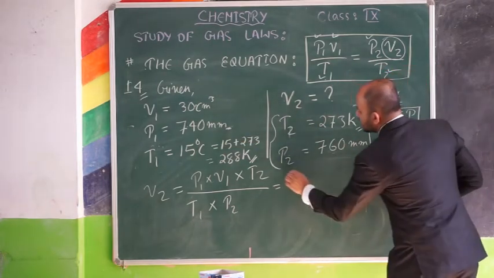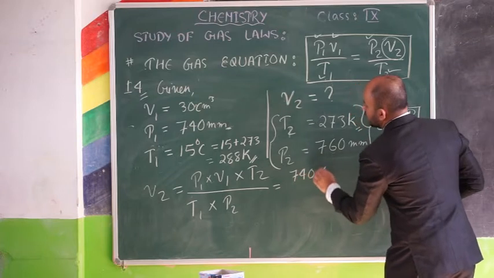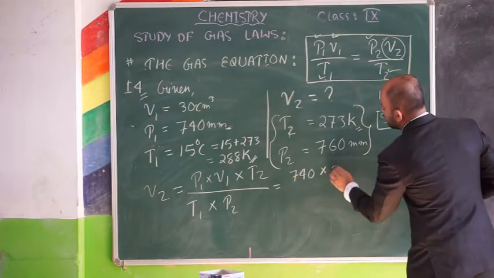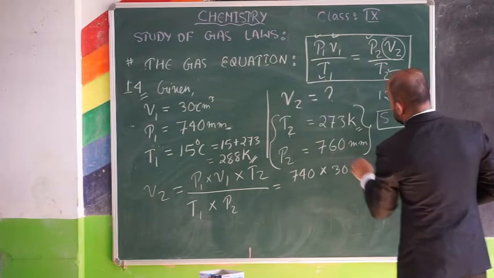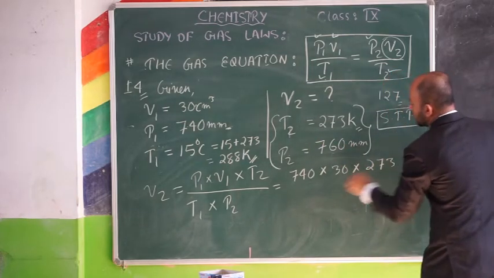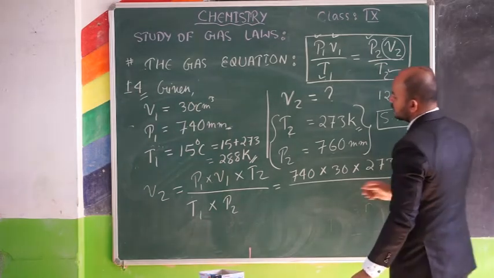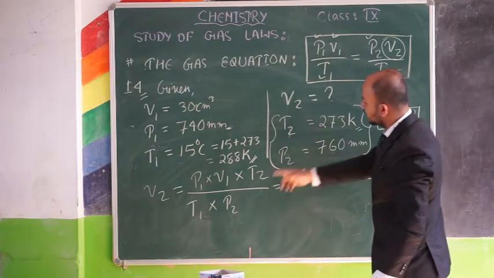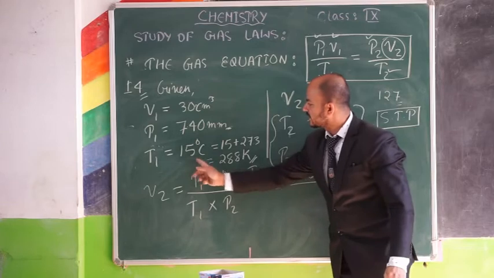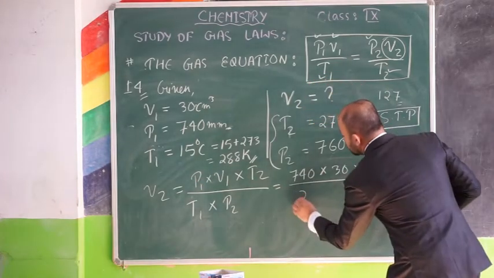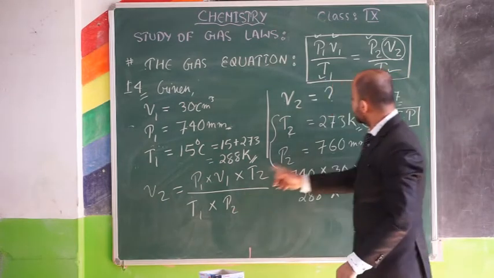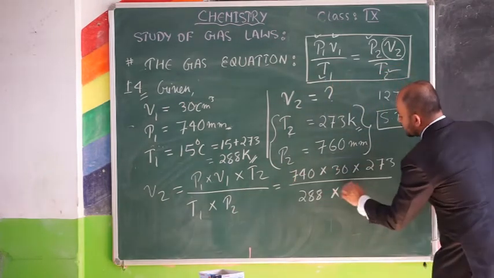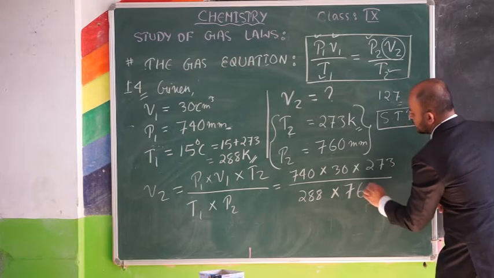P1 is 740 into V1 is 30. Now T2 is given as 273, divided by T1, which is 288 Kelvin, and P2 is the standard pressure, that is 760.